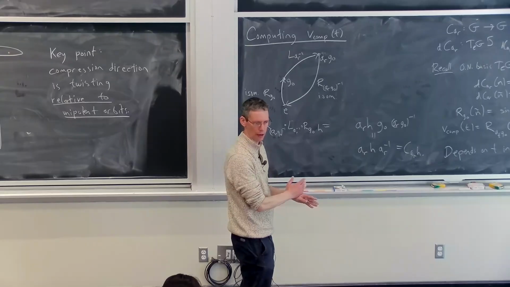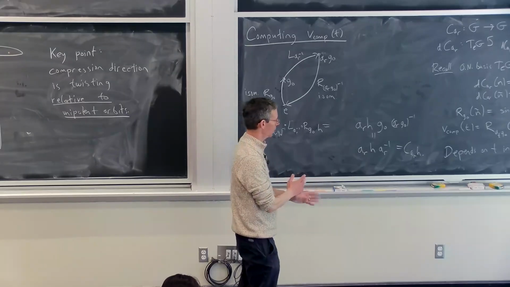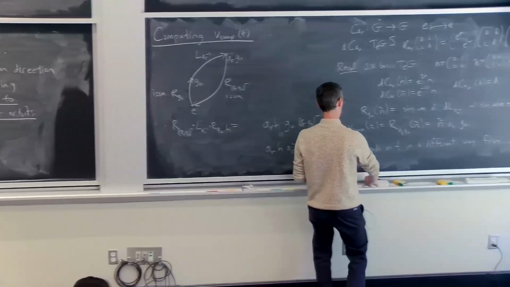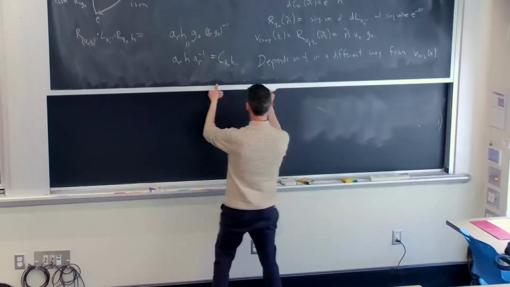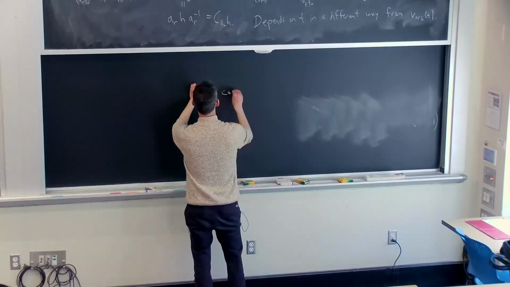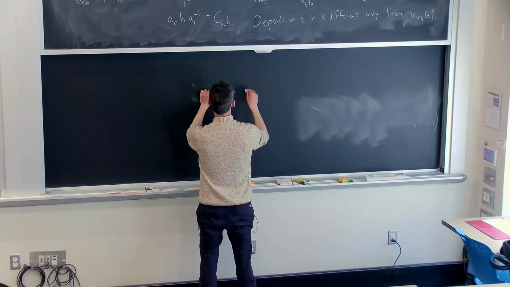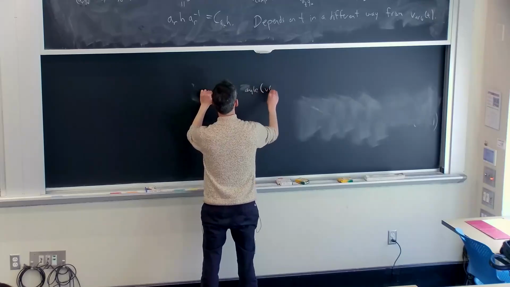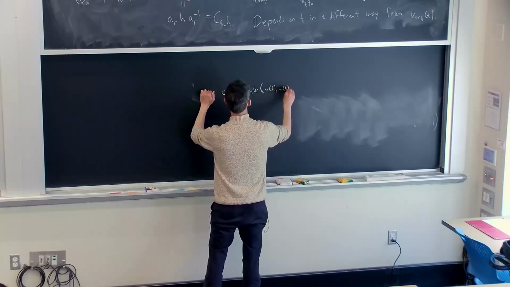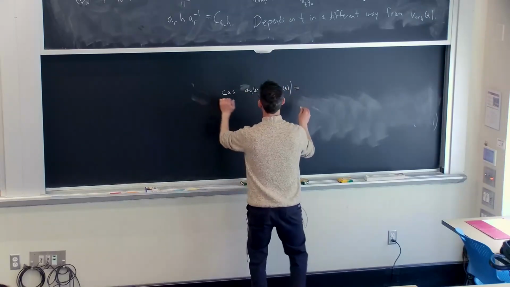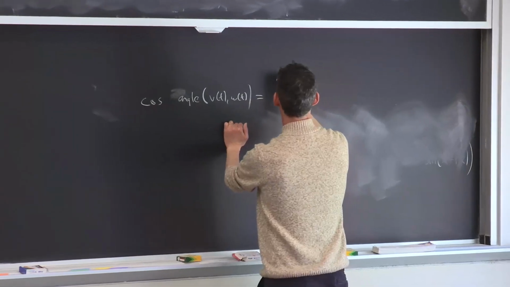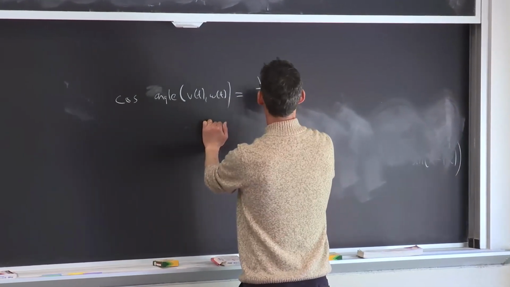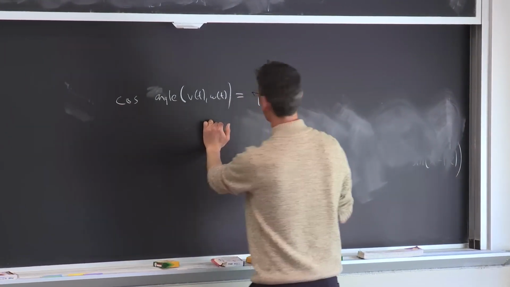And then, right. So I guess we could say that the cosine of the angle between v of t and w of t would be v dot w over norm of v norm of w.